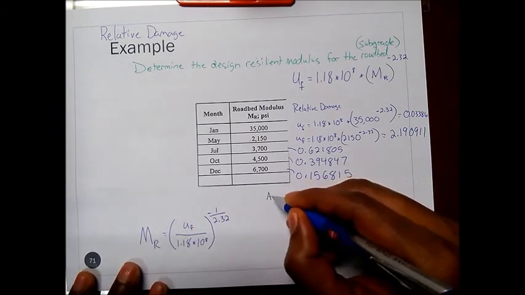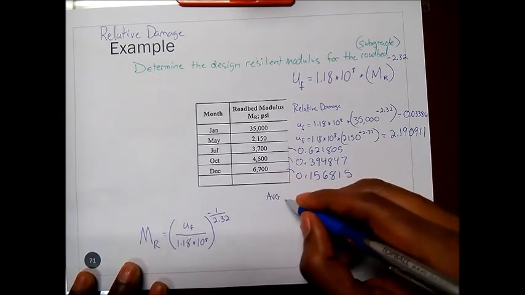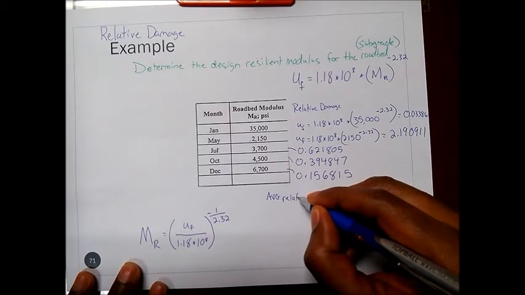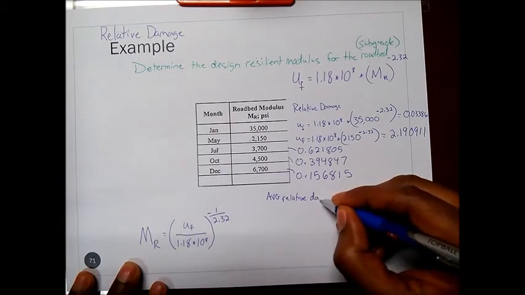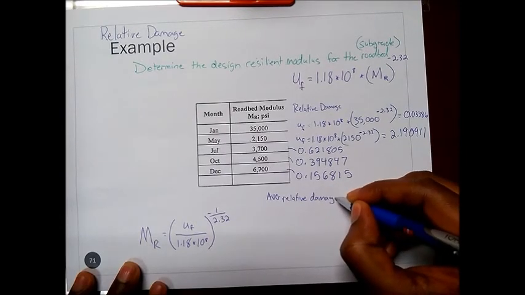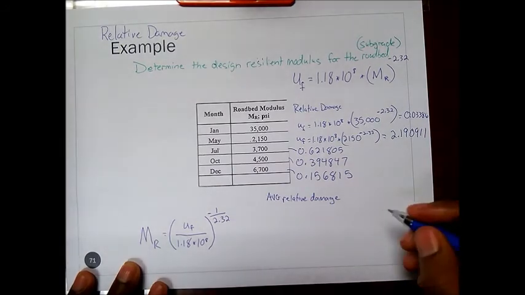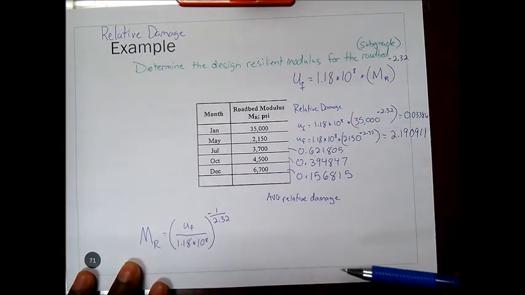So I need to get the average relative damage. Well, you know how to take the average. You take the summation of all of these.